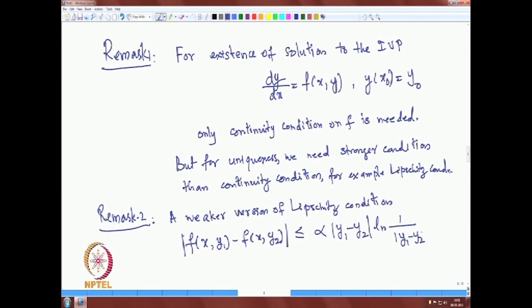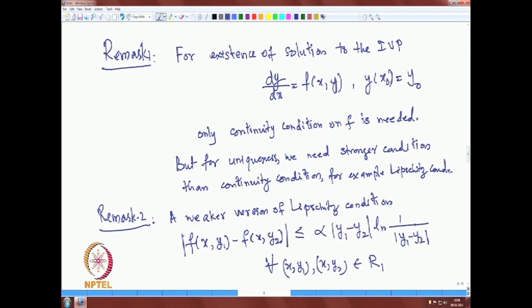This is a weaker condition than the Lipschitz condition, for all (x, y1) and (x, y2) on the domain of the rectangle.